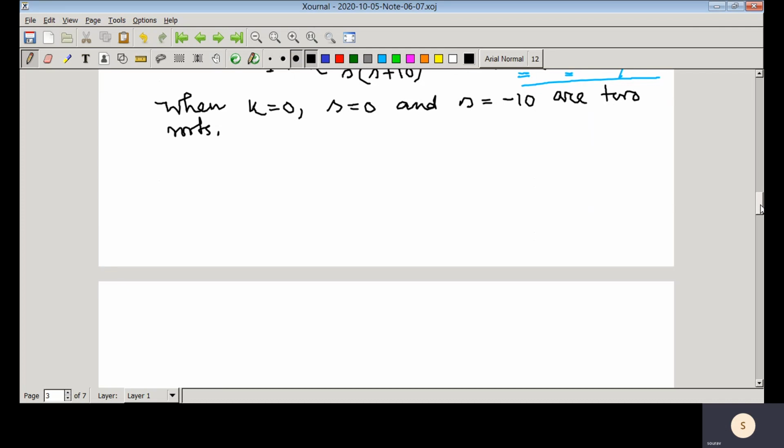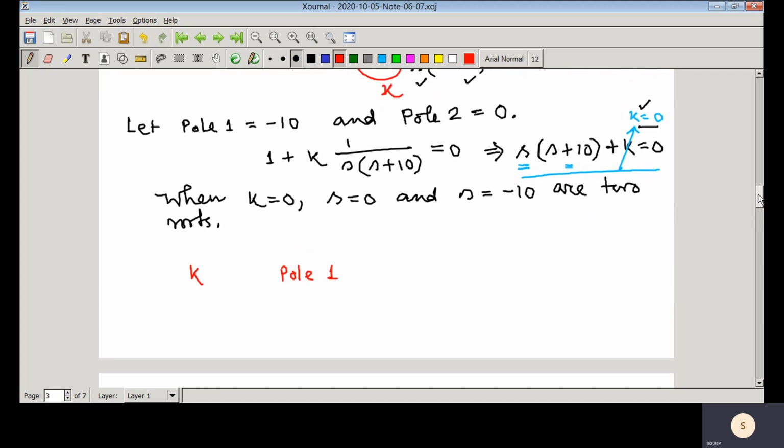So let us make a table here, and from there we'll be drawing that root locus. Let us make three columns here, that is k, pole 1 and pole 2. Here we have seen that pole 1 is minus 10 and pole 2 is 0.